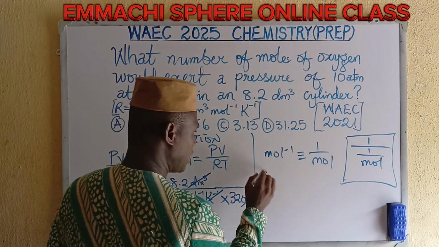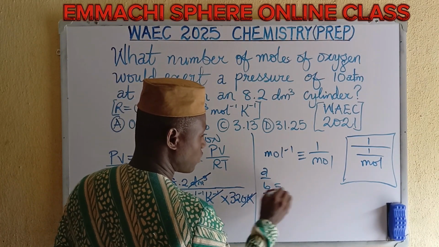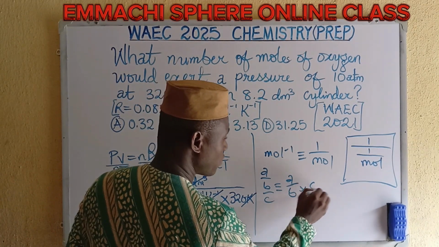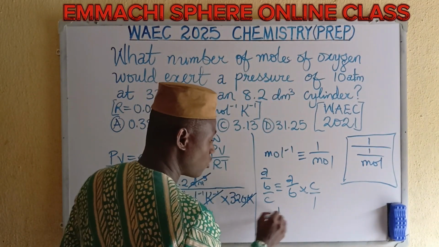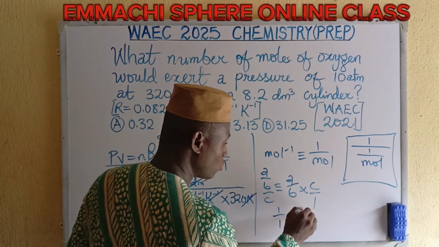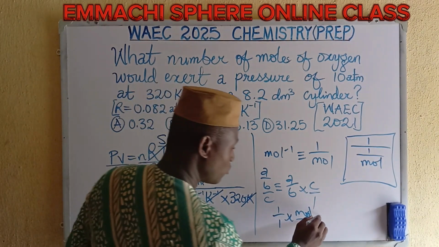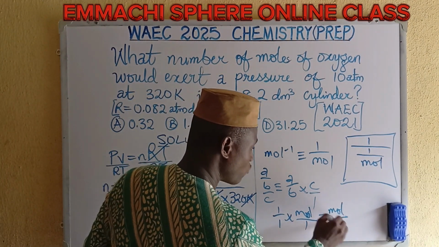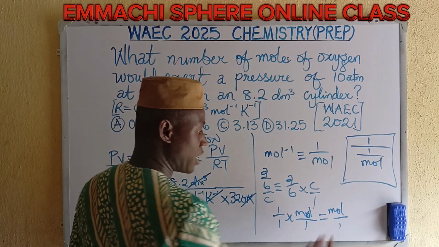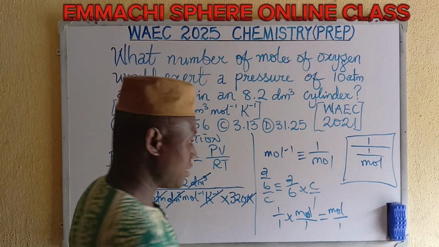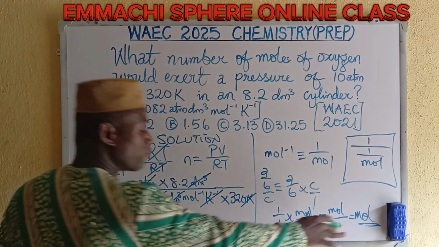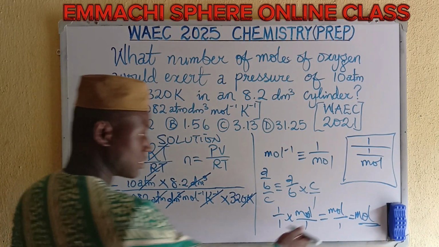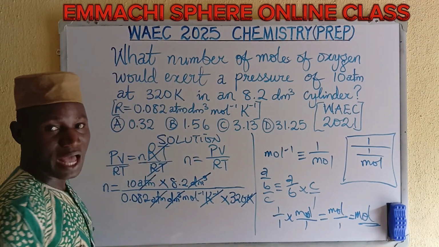Now, mathematically, A over B over C is equivalent to A over B times C over 1. Hence, 1 over 1 over mole is the same as 1 over 1 times mole over 1, which finally gives us mole over 1. Still, mathematically, any value over 1 is equal to that value. Therefore, we have mole as the final unit. Now, this is how the final unit is achieved.